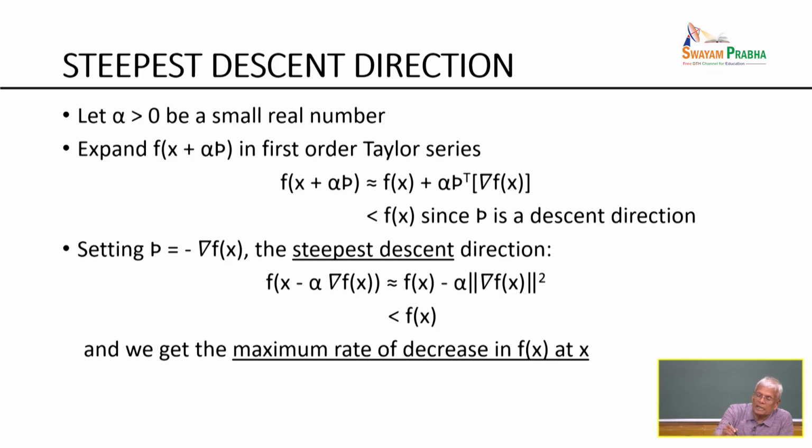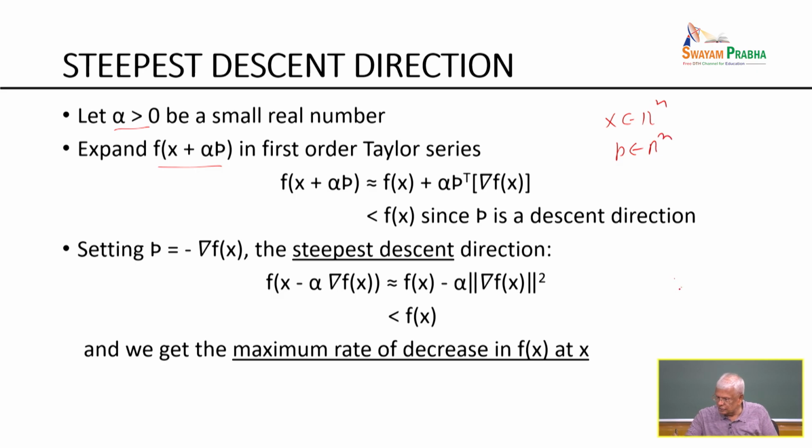So, I am going to pick a real number alpha greater than 0. I am going to express f in the form of a Taylor series at the point x along the direction p, where alpha is called the step length. So, x is an n-vector, p is an n-vector, alpha is a constant.